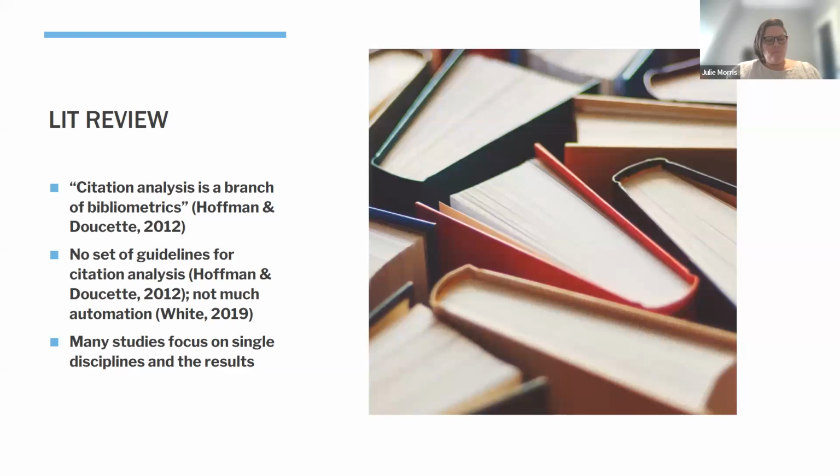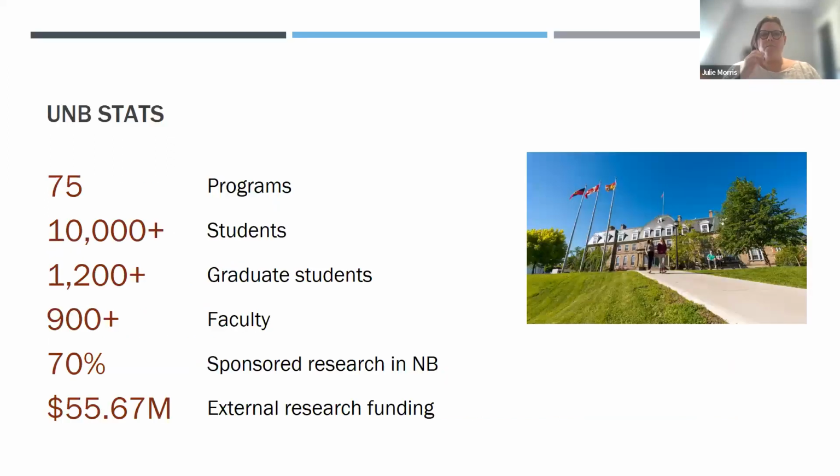But one way we can discover this is through citation analysis and get a sense of who's using what. I would suggest that we go a little bit further in our analysis and maybe talk to researchers about how they're using those sources that they're citing.